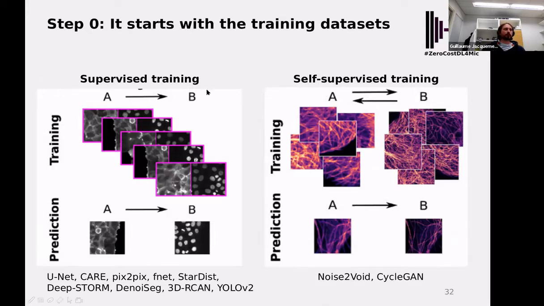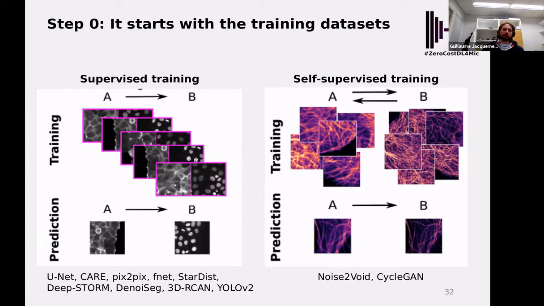The first one is called supervised training, and it's mostly what I've been describing so far, where you need to have training data sets which are pairs of images of input and expected output. So, training source and training targets. So here are images where we want to transform the actin staining into a nuclei staining, and then we provide matching images of those two, the same field of view for the two labels.